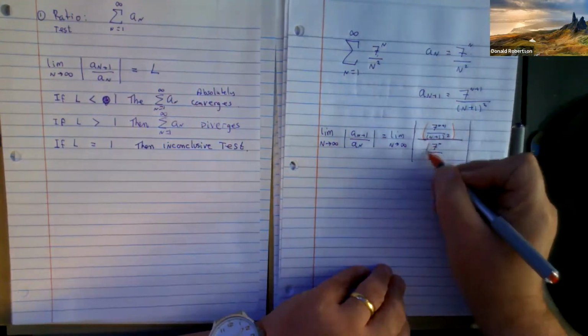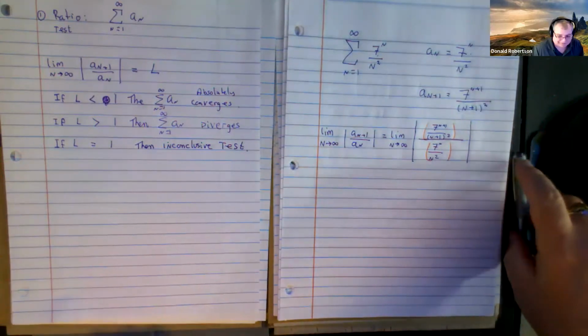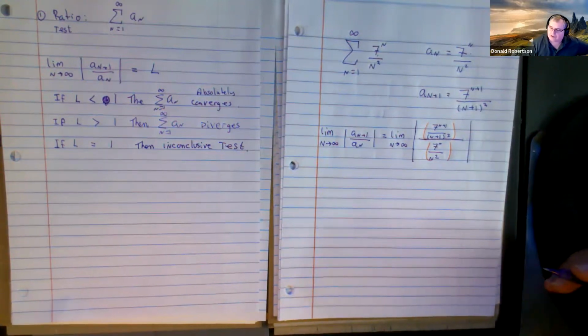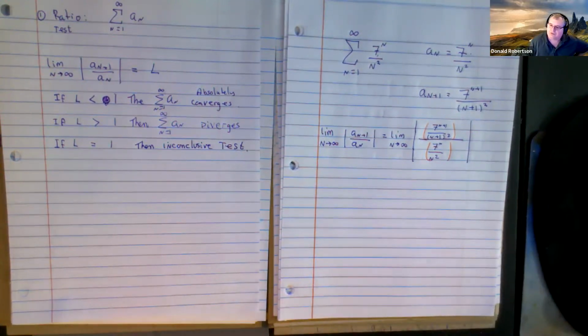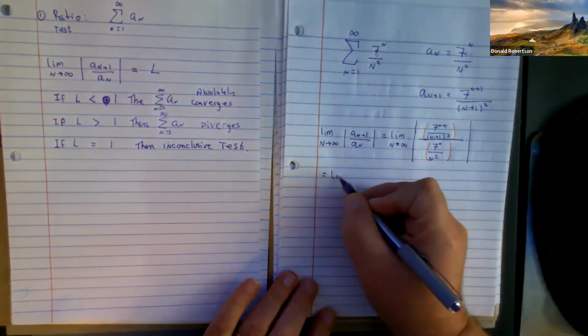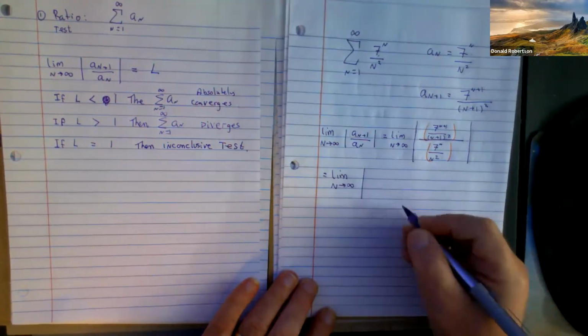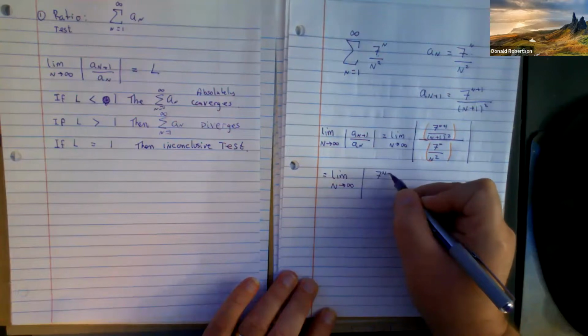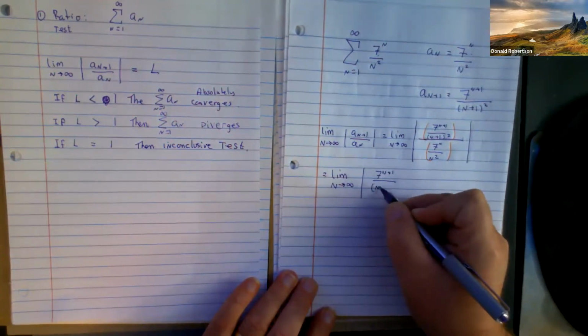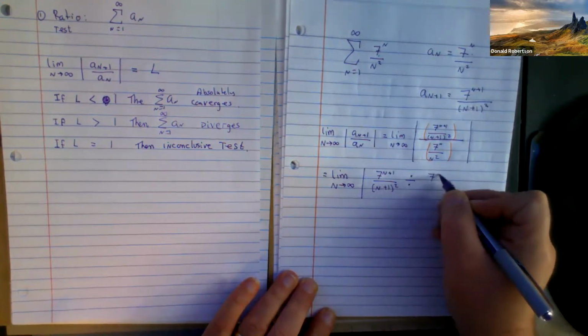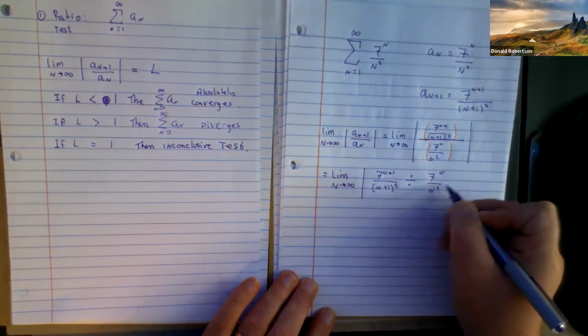Now if you are dealing with a fraction where the numerator and the denominator are themselves fractions, we're not going to leave it that way. We're going to try and arrange it algebraically to be something easier and simpler to deal with. So that's what I'm going to do now. It's going to be the limit as n tends to infinity of the guy on the top divided by the guy on the bottom.